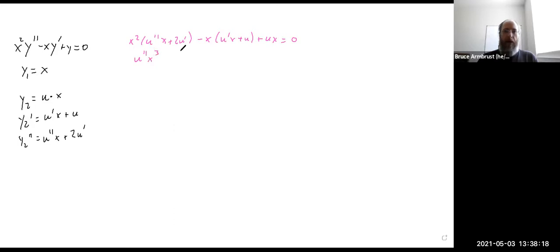So we get u double prime x cubed plus 2x squared u prime minus x squared u prime minus xu plus ux. All kinds of lovely stuff cancels, and we can combine some other stuff. So we get x cubed u double prime plus x squared u prime equals 0.